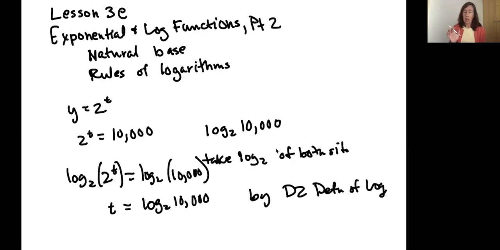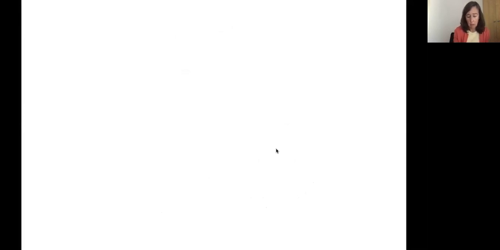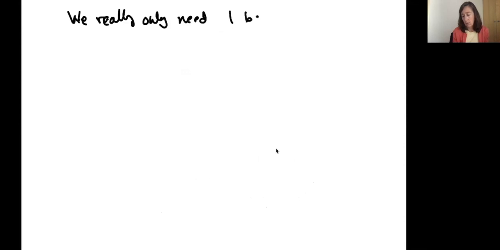We don't need to keep track of all of these bases in the way that you might think. There is a natural base for both the exponential and the log functions, and that's what I want to talk about right now. We really need just one base.